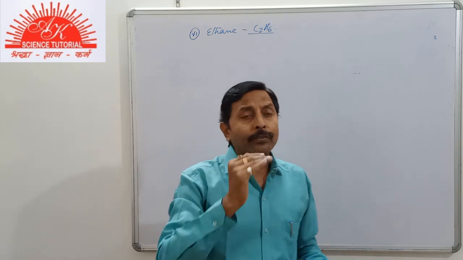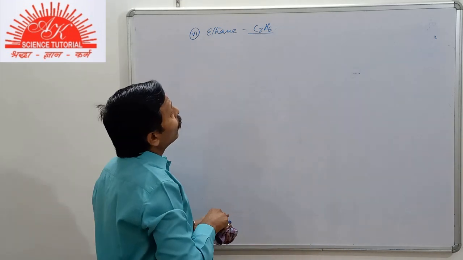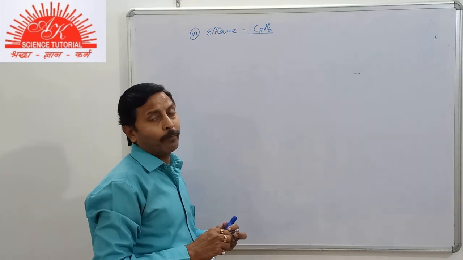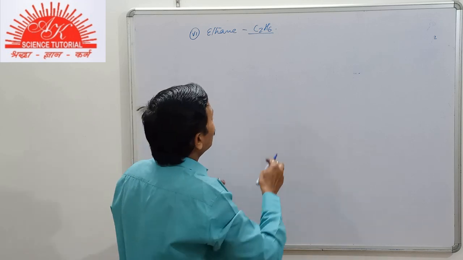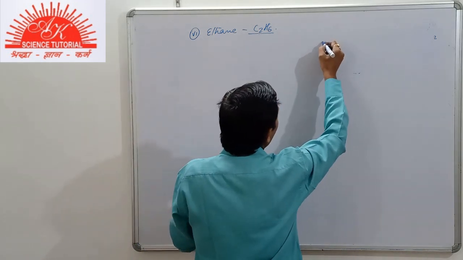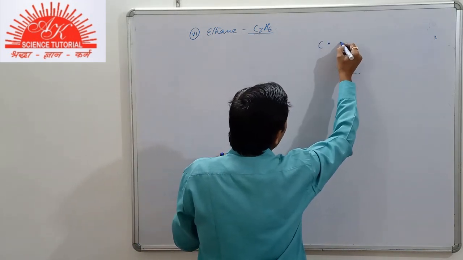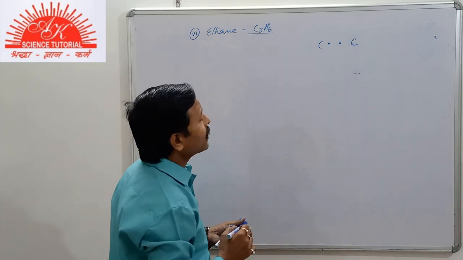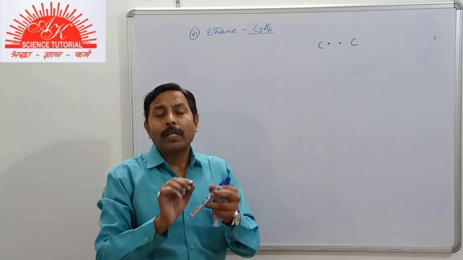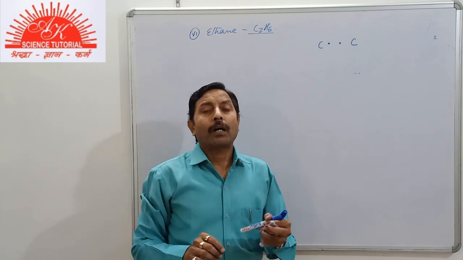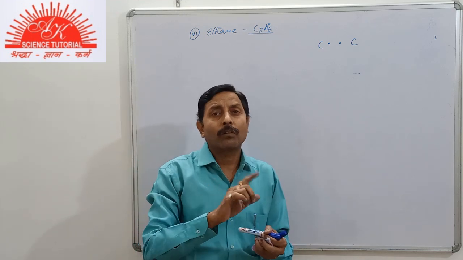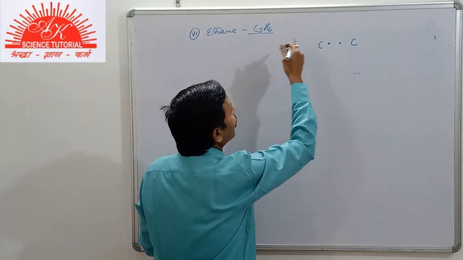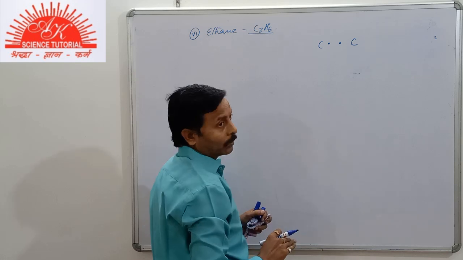Now, if there is more than one carbon atom, then for the basic procedure, first of all make a chain by sharing one electron by each carbon atom. Means first of all make a chain of carbon atoms by sharing one electron from each other, and then start sharing their electrons with hydrogen.